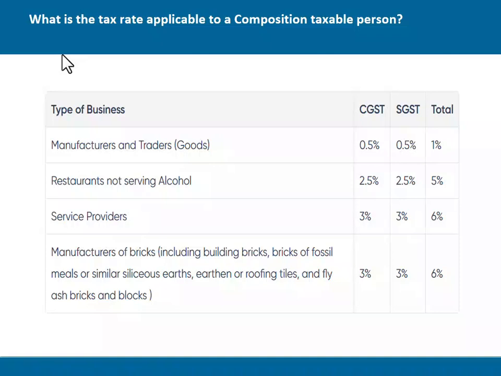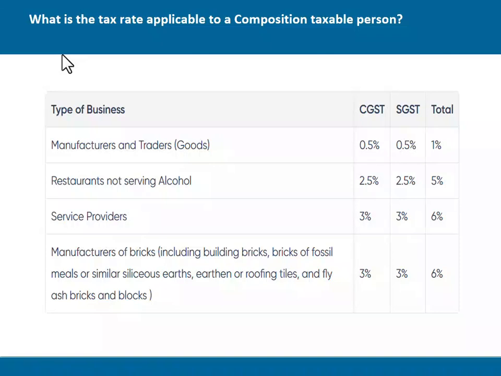The government immediately said they can now charge only 5%, but they will lose input credit. Earlier they were charging 18% to the customers, but they were entitled to input tax credit. So they said, okay, you can charge 5% to the customers, but whatever input credit you are paying, you will not be eligible for. So actually we are paying the same thing, but on the face of the invoice it looks like there's 5% GST.